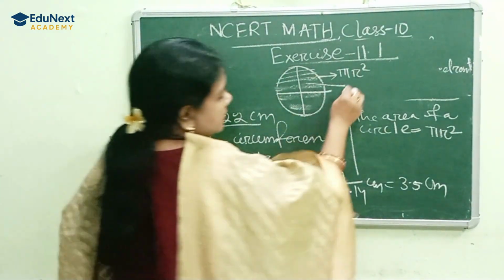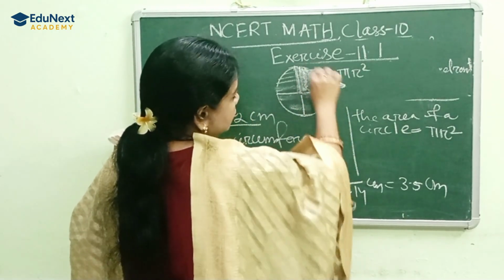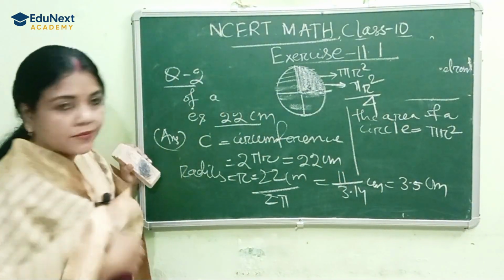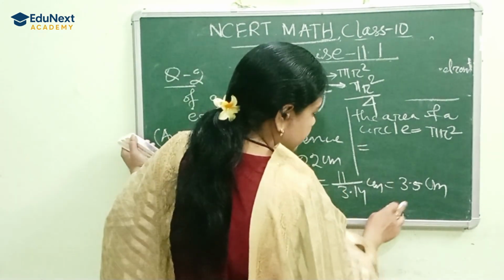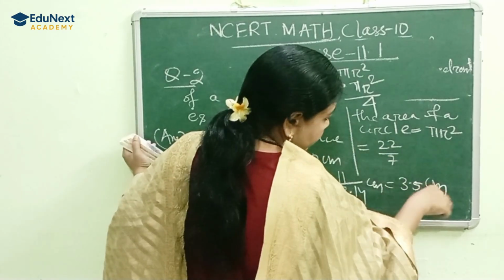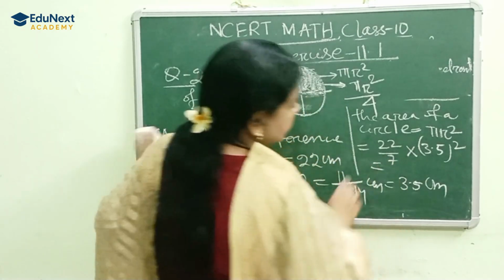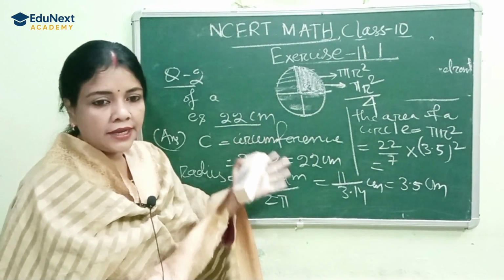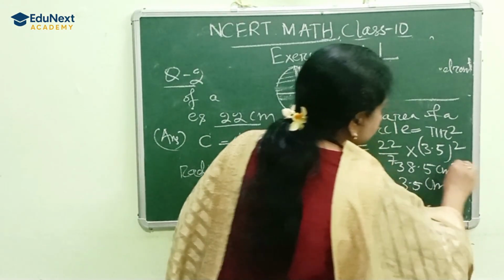That means the area of the quadrant is pi r square by 4. So now let us calculate pi r square. Pi r square is 22 by 7, or you can write 3.14, into 3.5 square. After calculation I got 38.5 centimeter square.